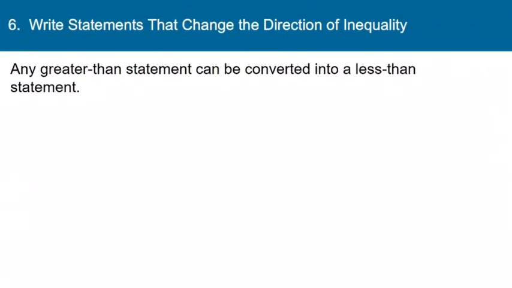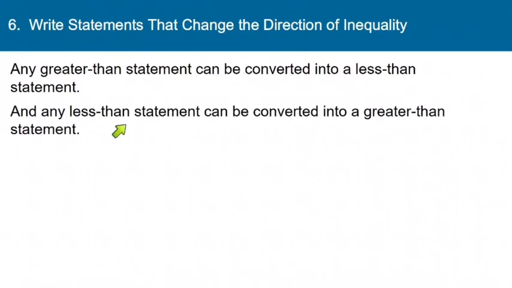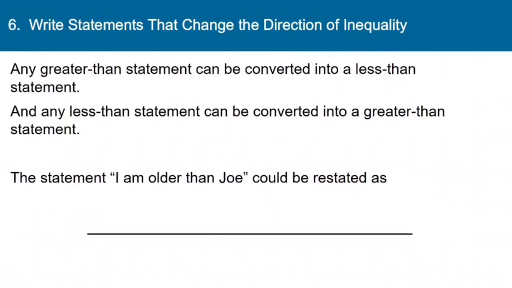And for our last objective in this section, let's practice writing statements that change the direction of inequality. Now, any greater than statement can be rewritten in a form so that it is a less than statement. And also, any less than statement can be rewritten so that it is a greater than statement. We do this in English all the time. Think about the sentence, I am older than Joe.